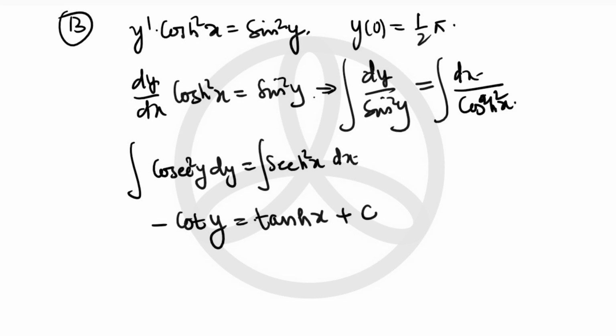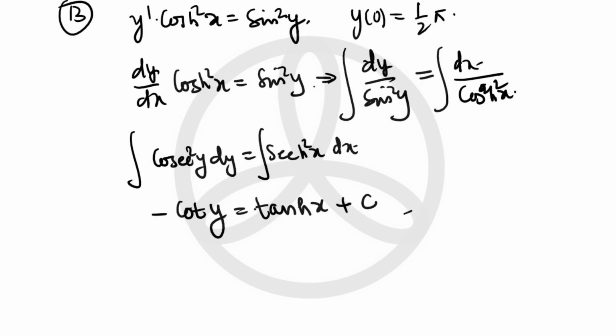As per the initial condition, y is equal to pi by 2 when x is equal to 0, so cot pi by 2 equals tanh 0 plus c.